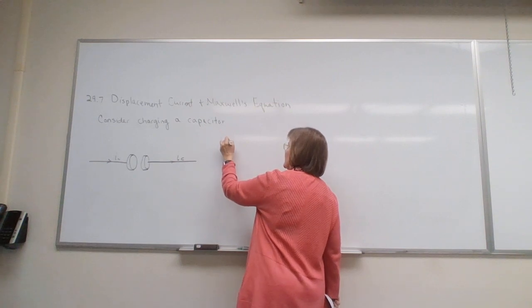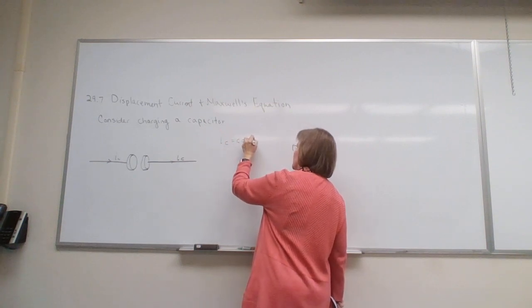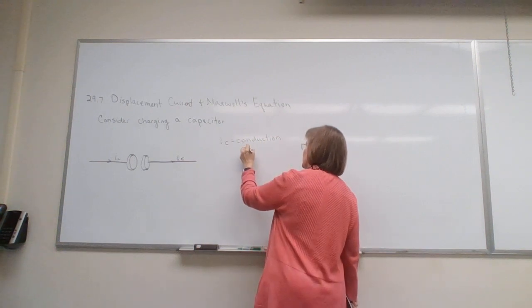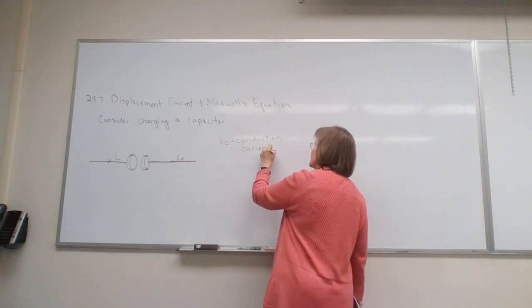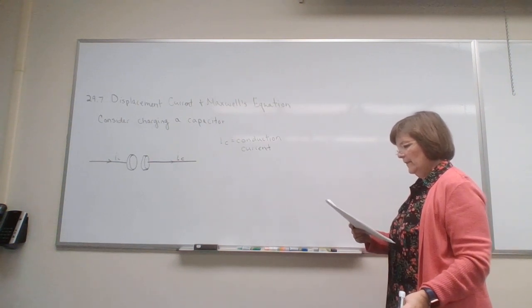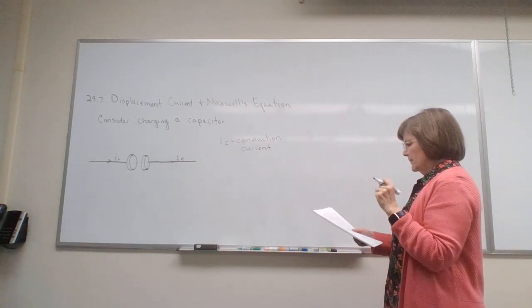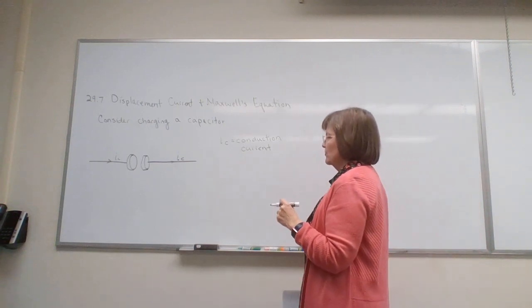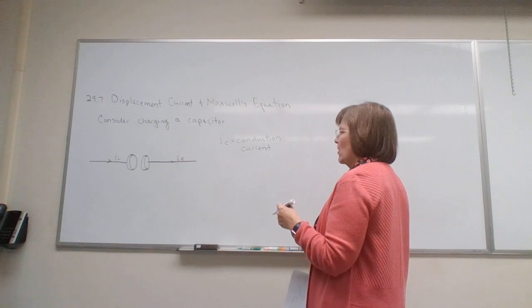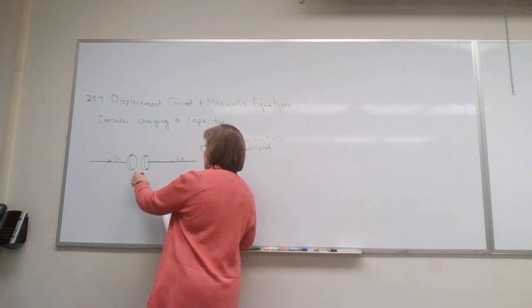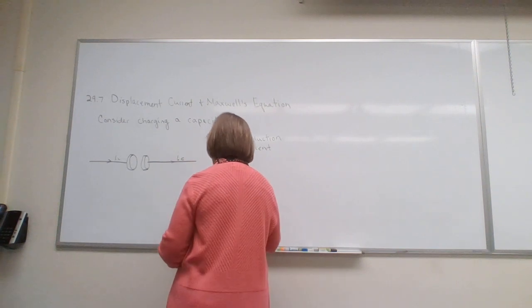We have a name for this. It's called conduction current. And that's the kind of current we've been talking about, just current that flows through a conductor. The current causes positive and negative charges to build up on the capacitor. This one's going to build up positive charges, and this one's going to build up negative charges. Okay?